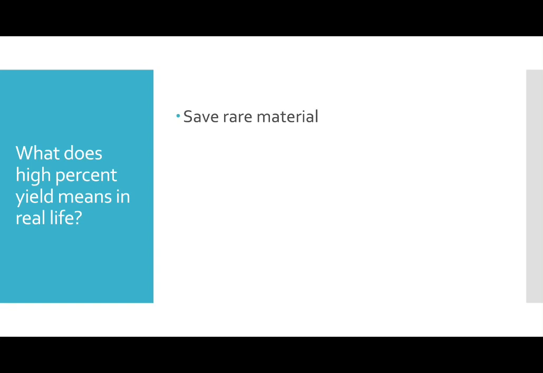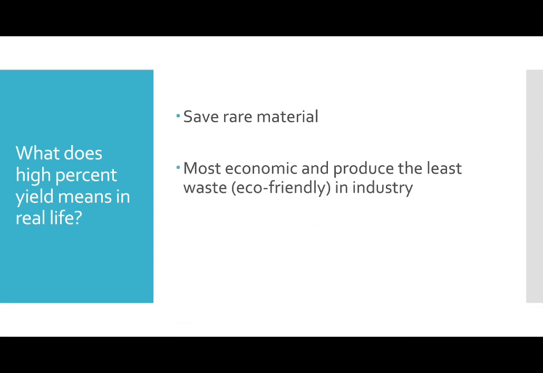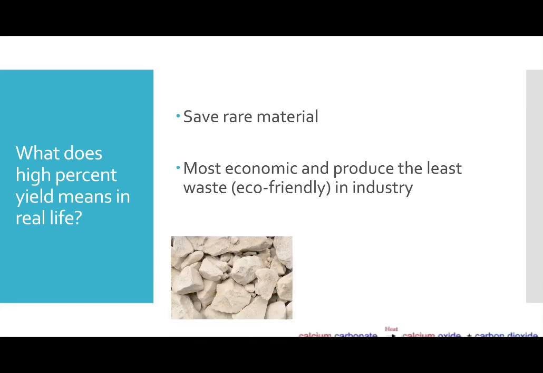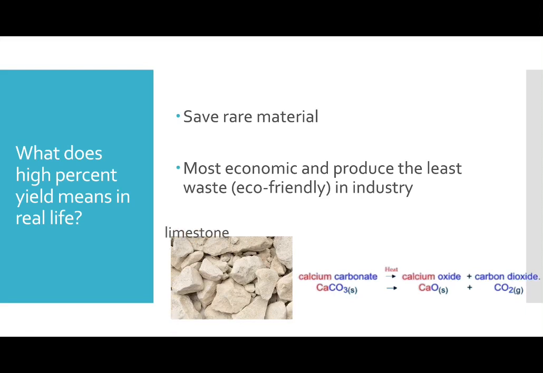Then for the industrial purpose, the higher the percentage yield we get, the more economic and more eco-friendly we are for this process. Here is an example of limestone, and we will extract calcium oxide from it. And the calcium oxide here is used to remove exit gases from the smokestacks. So for the company who produces calcium oxide, they need to purchase limestone.